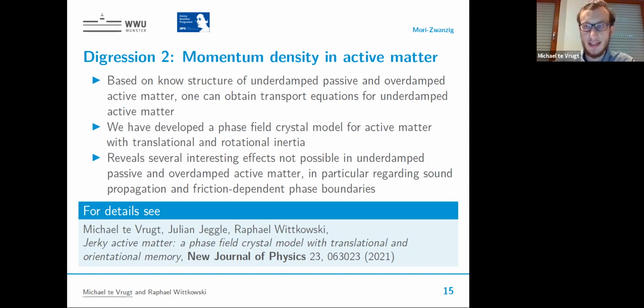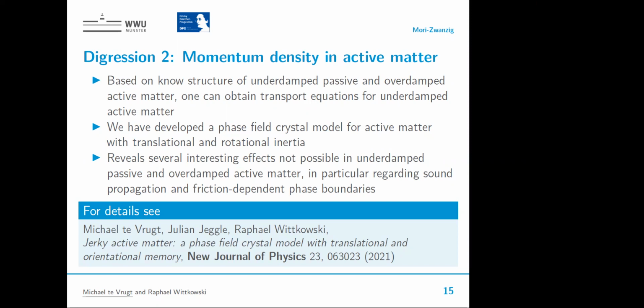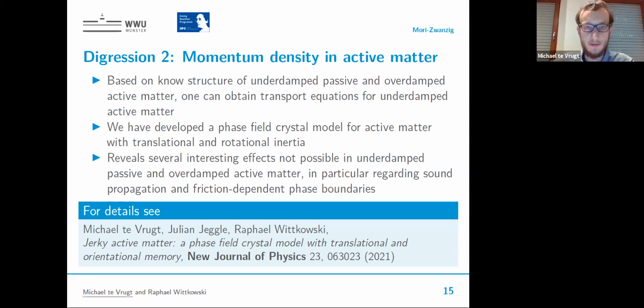translation and orientation and angular momentum. And you can also allow this to be on different time scales. This has been done in this article published recently in New Journal of Physics. And it reveals several interesting effects that you wouldn't have in either underdamped passive or overdamped active matter. For example, the phase boundaries, if you look at the phase diagram, can depend on the friction coefficient.